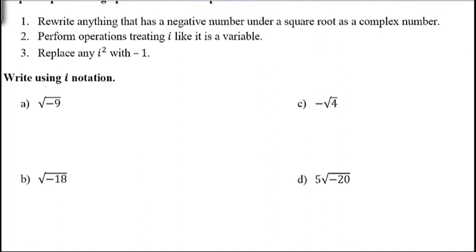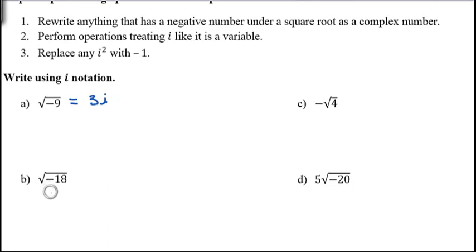So we're going to rewrite these examples using i notation. We have the square root of -9, and we know that the square root of 9 is 3, but because this is the square root of -9, it will be 3i. The i is coming because we're taking the square root of a negative number.